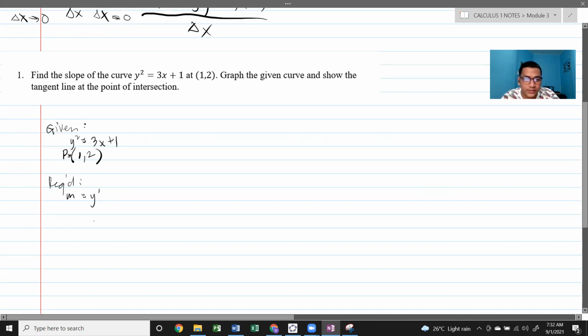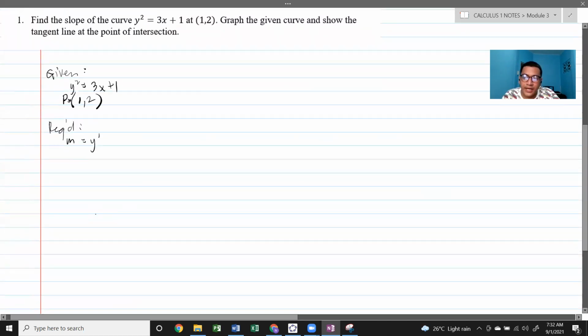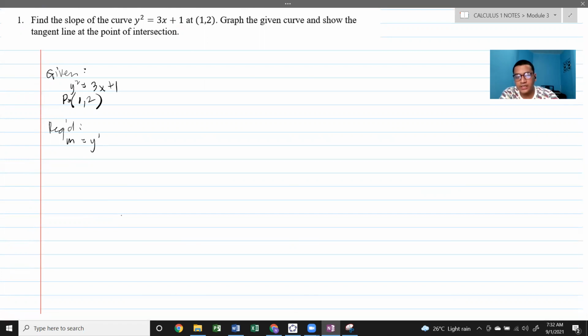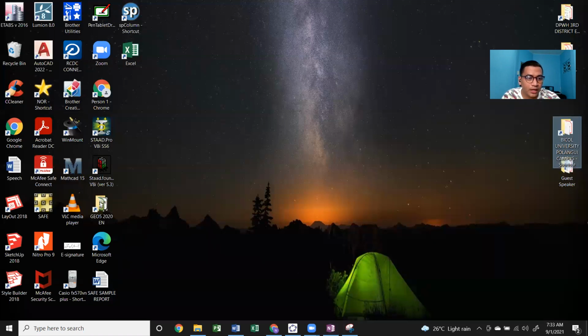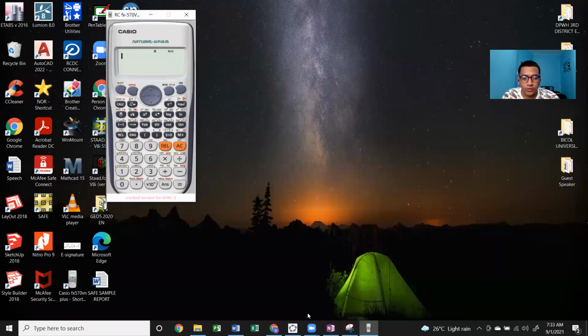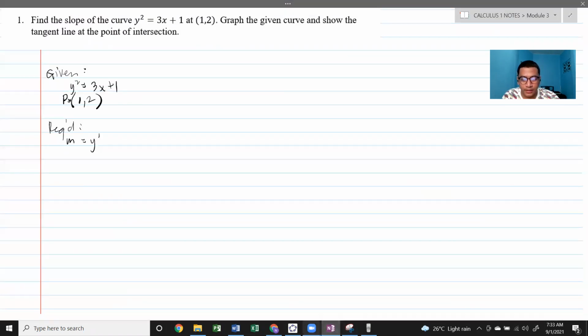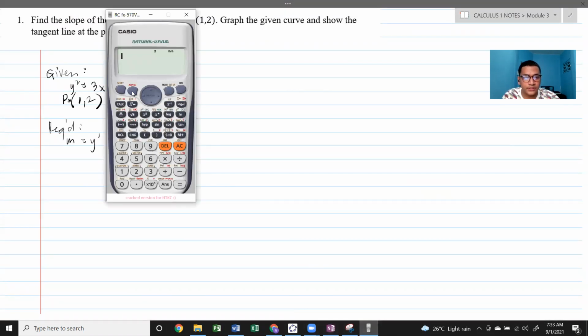Now, how do we solve this, class? In general, when you are solving problems, there is a given function and there is a given point. First, verify if the given point is actually on the curve. So let's try. We can do it, class, using our calculator first.